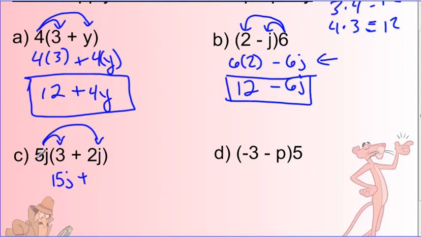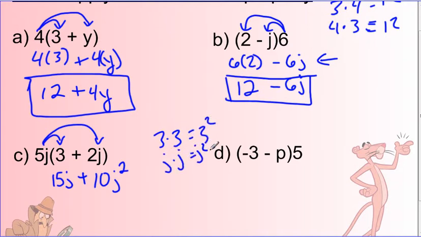And we can take a 2 times the 5 and get a 10. And j times j is j squared. Something a little new, I don't know if you've seen before. When you take a variable times itself, you get squared. Just like if I said 3 times 3 is 3 squared, well, j times j is j squared.